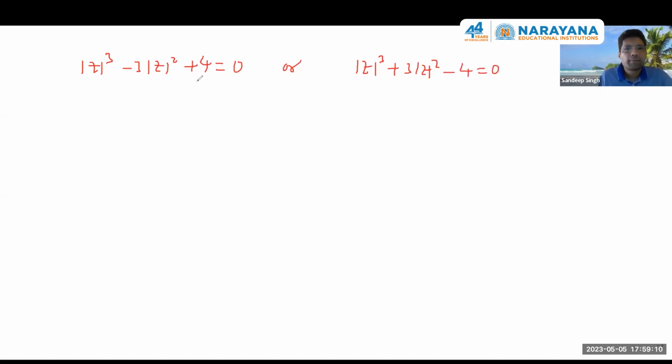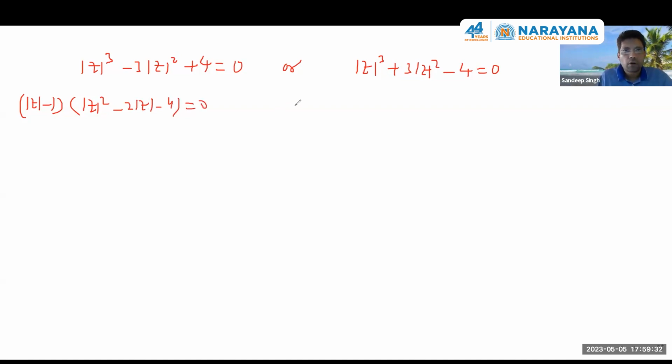So now you tell me, can you factorize this? mod z -1 एक फैक्टर आ जाएगा इसका, और mod z स्क्वायर क्यूबिक you can factorize ना, और यहाँ कितना आ जाएगा? -2 mod z -4 आ जाएगा. I think this you must be able to do.